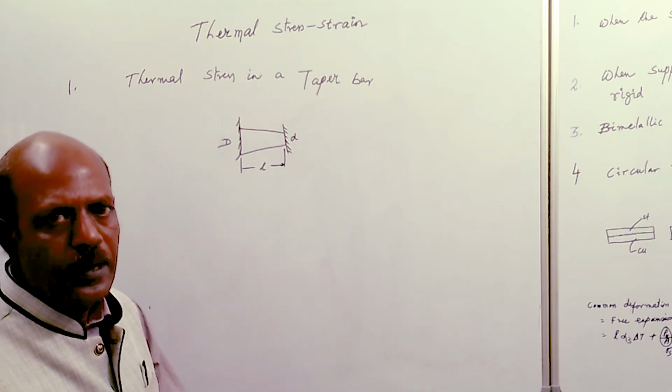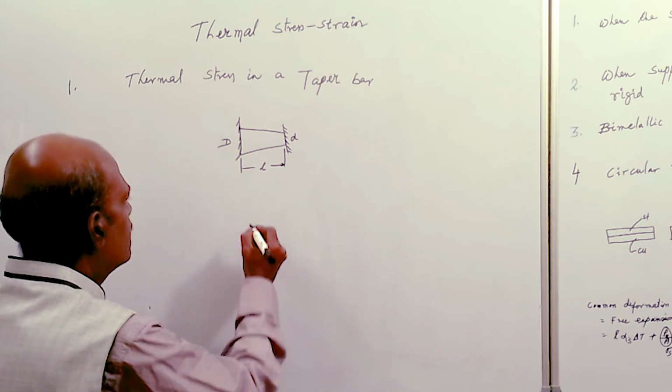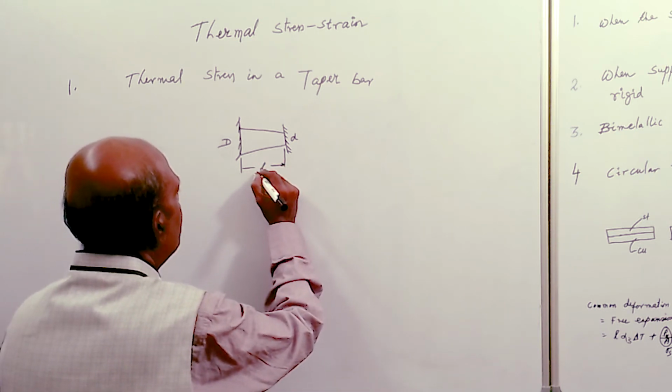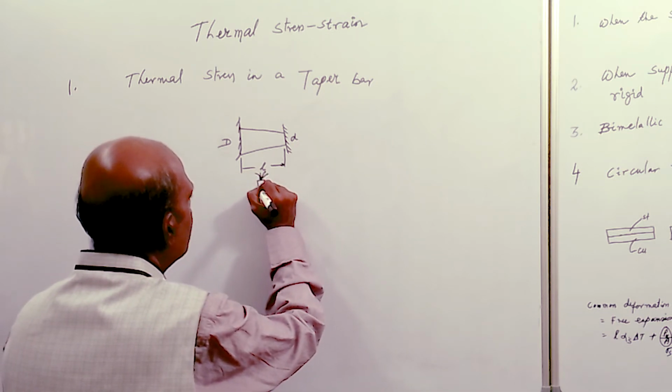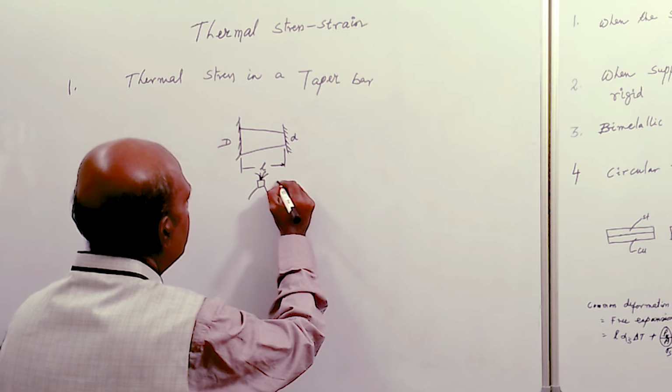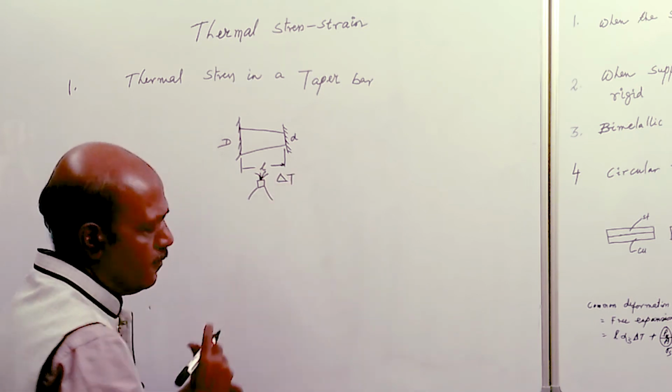Okay, if the bar is heated, say with the help of a flame, to some temperature, say delta T is the temperature difference created here.